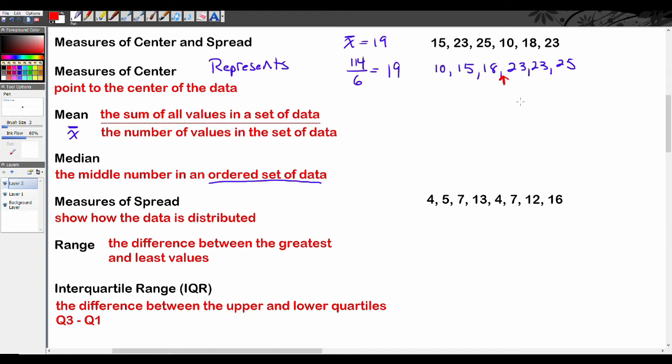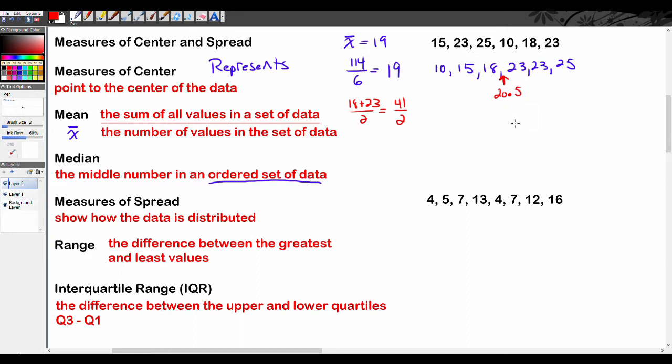So then what number is right in between 18 and 23? Well, an easy way to figure that out would be to add these two numbers together and divide by 2. So if I say, okay, 18 plus 23 divided by 2, well, 18 plus 23 is 41, and 41 divided by 2 is 20.5. So my median for this set of data is 20.5.